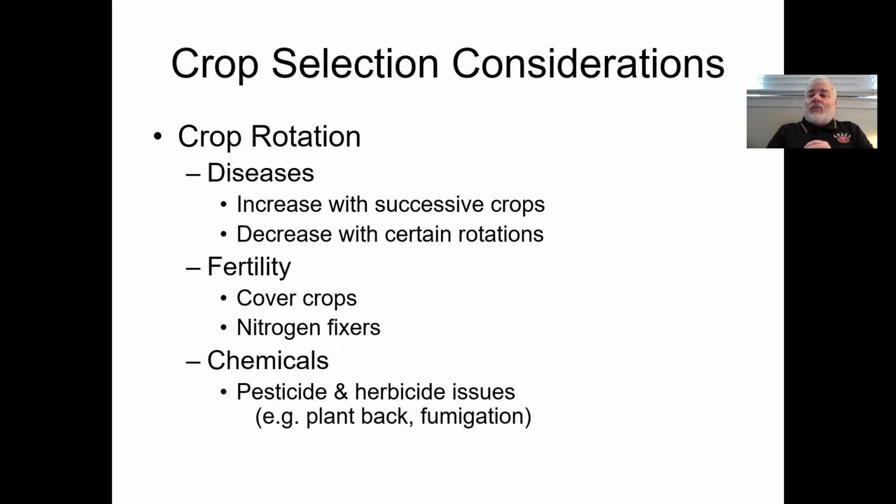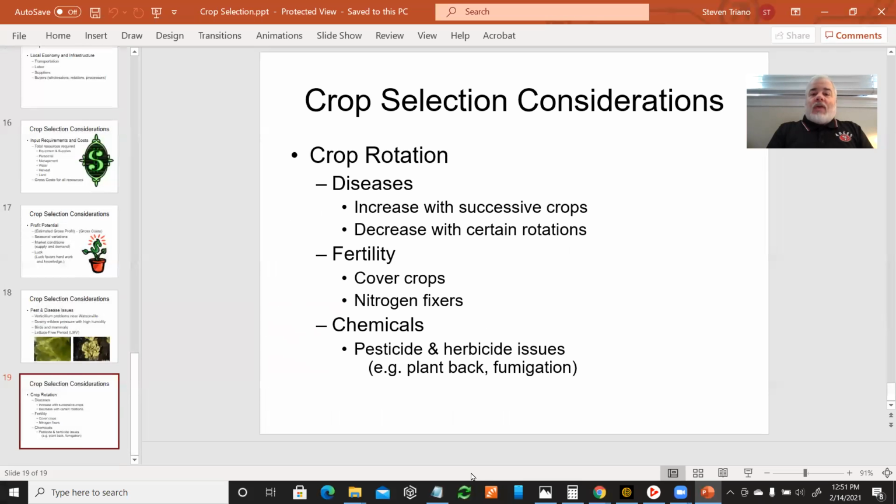You can't go in with spinach because you just sprayed something that's incompatible with spinach. So if I've got to wait 90 days, I'm going to pick something else. I'm not going to wait that long. I need to plant something other than spinach that can handle it. We call that plant back. So that is it for crop selection.